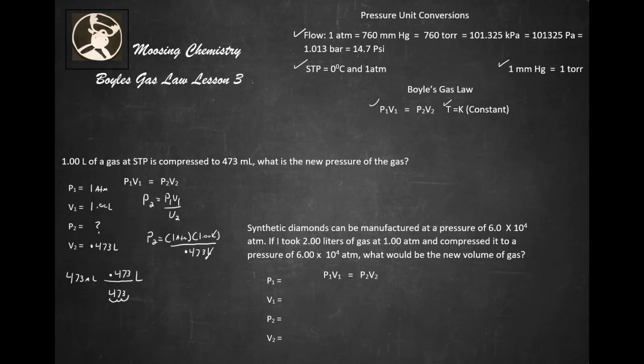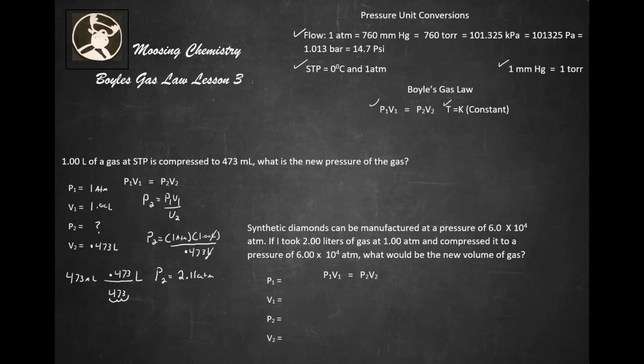So of course liters cancel liters, and we're going to get our new pressure, which will be in atm. So that will give us 1 divided by 0.473, which will equal 2.11 atms. Okay, and that answer does make sense.